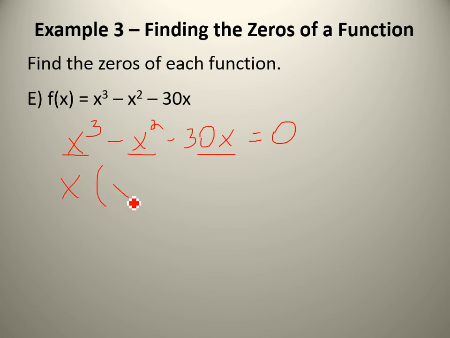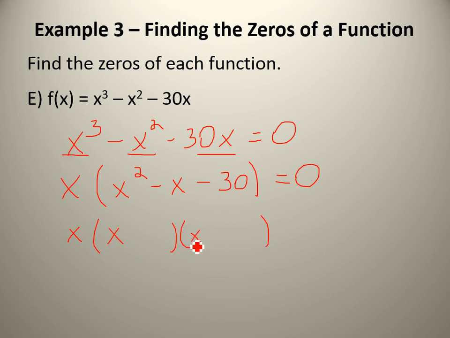When I do that, I get x times x squared minus x minus 30 equals 0. Then I want to take x squared minus x minus 30 and factor that, leaving that x in the front. So this will be x times (x minus 6) times (x plus 5) equals 0. Now I just want to take each of these parts and set them equal to 0.